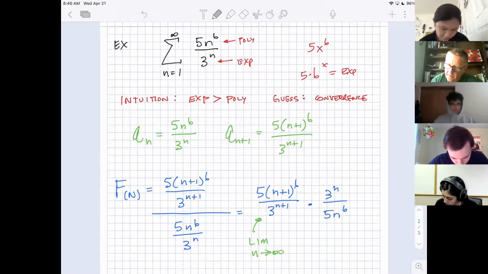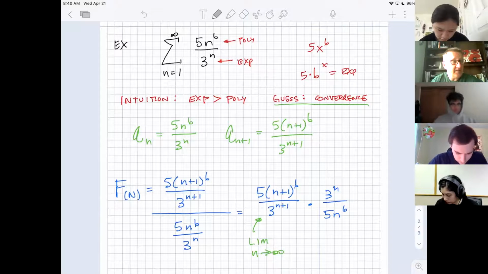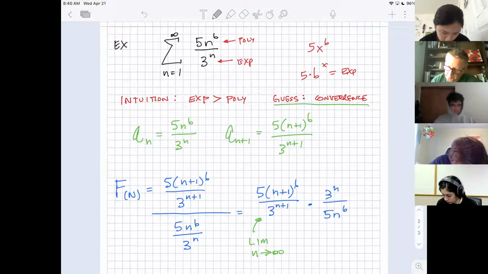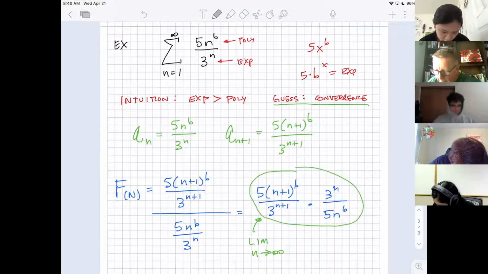And based on our guess here, we're expecting this to approach something less than 1. That would kind of prove it. But man, that's an awful mess right now. It's this whole thing we're taking the limit of. So I need to be able to simplify that some, like we did last time, to see what that thing is going to behave like.